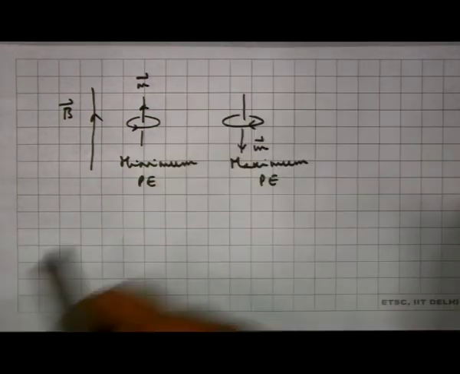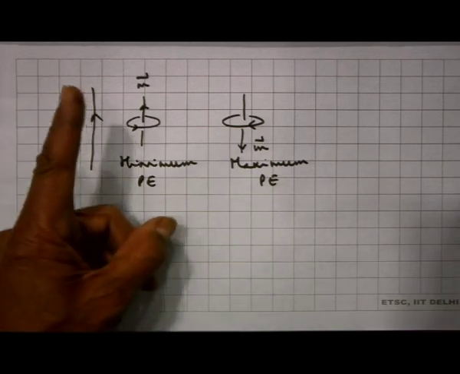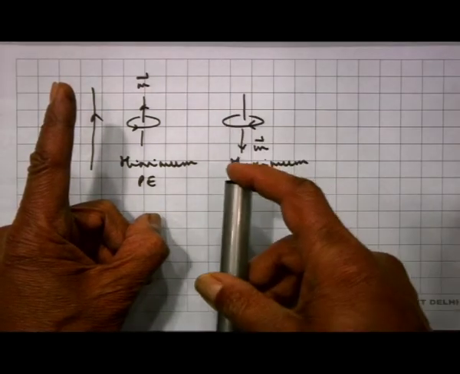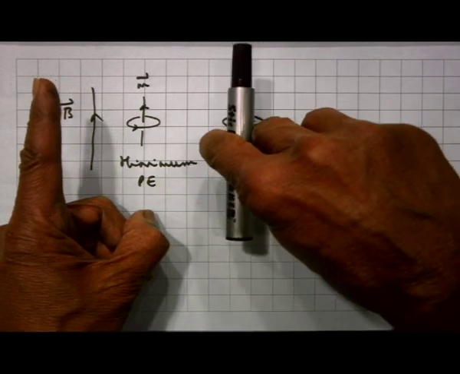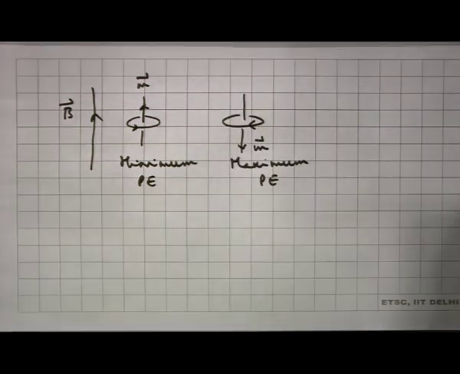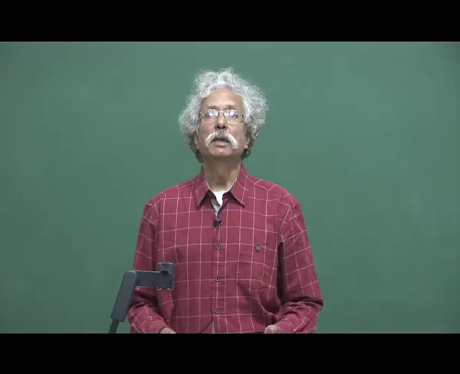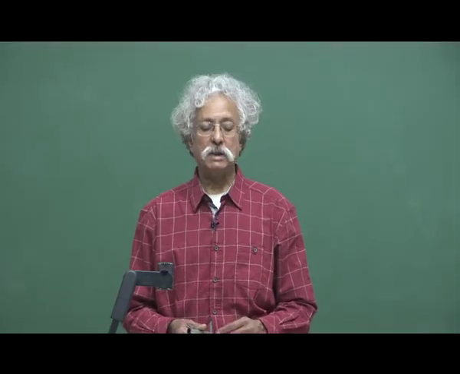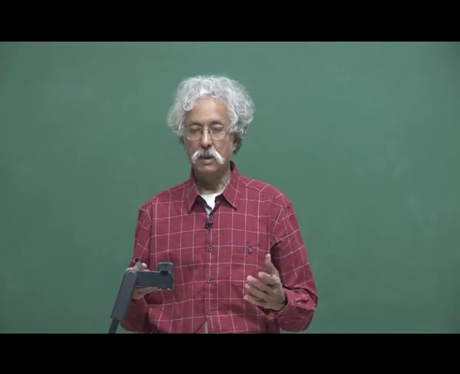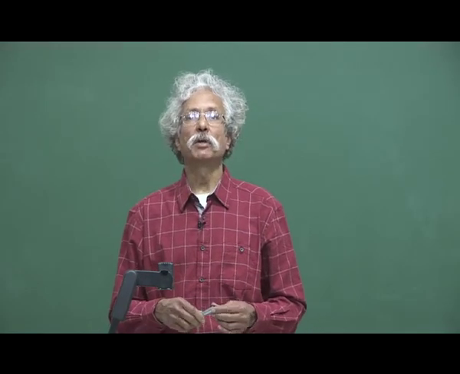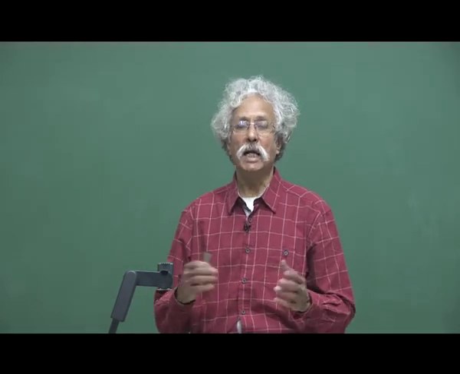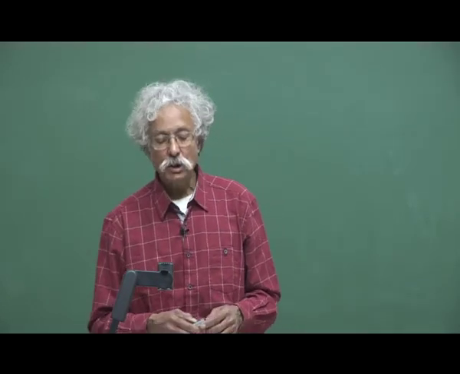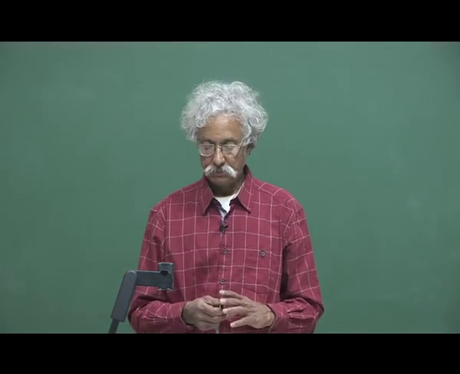So, if the magnetic field is pointing upwards and my dipole is pointing downwards, I have maximum potential energy, and if I rotate it to the other direction, I have minimum potential energy when the magnetic dipole is aligned with the magnetic field, and this gives me the potential energy of the dipole, which is minus m dot B. So, whenever you place a dipole in a magnetic field, the magnetic field will apply a torque on the dipole, and that torque will try to align the dipole, and if you want to change its alignment, you need to do external work.